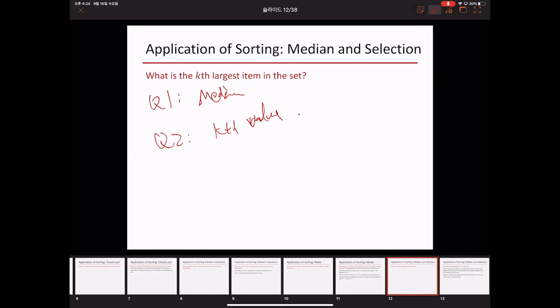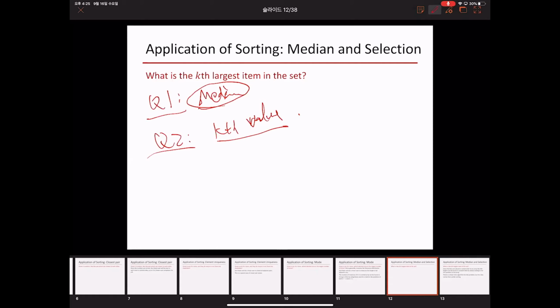Professor, I have a question. Yep. So question 1 is about finding the largest item in the set using the median number? Finding the median of the values is Q1, and finding the kth value is Q2. Okay. Thank you. Professor, I have a question. Does the kth value allow duplicates?